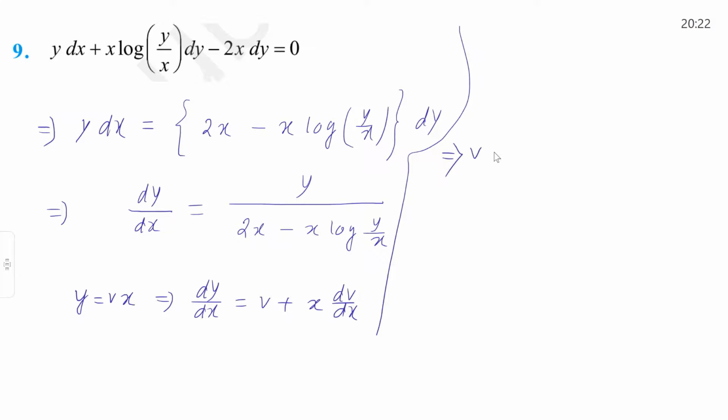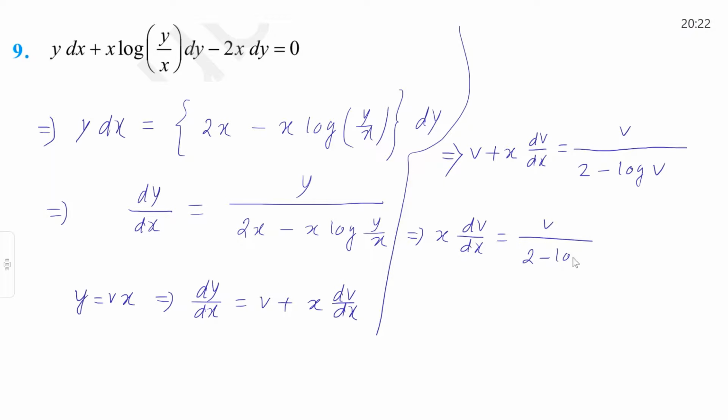So finally the left hand side is v plus x dv/dx, which is equal to the right hand side after using vx and cancelling x. So the numerator will have only v and the denominator will be 2 minus log v. Shift v to the right side: x dv/dx is equal to v/(2 minus log v) minus v.